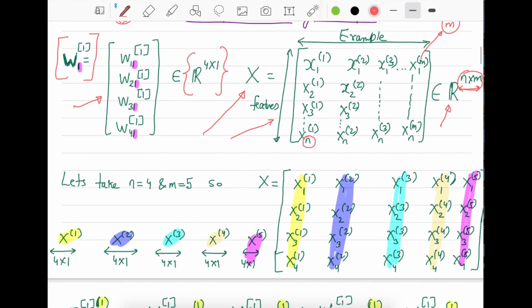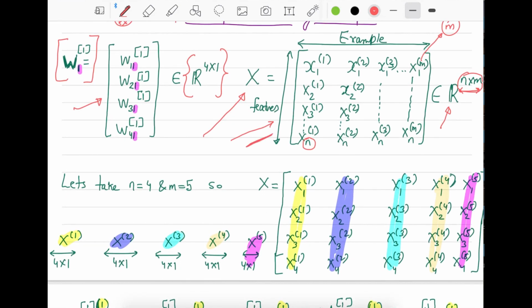So let us take a small subset of this particular example which I am showing you here. In that case, I am taking only 4 features and 5 examples. So this matrix will be represented in this fashion. As you can see, here we have 5 different examples shown through 5 different colors. Each example can be written in a condensed form like this, which is a 4 cross 1 vector.